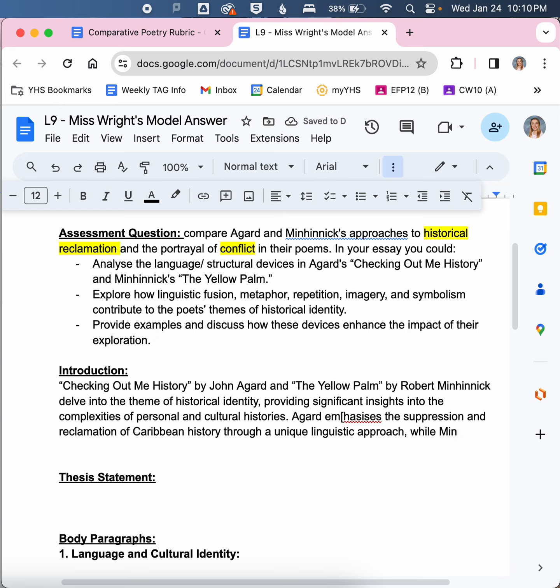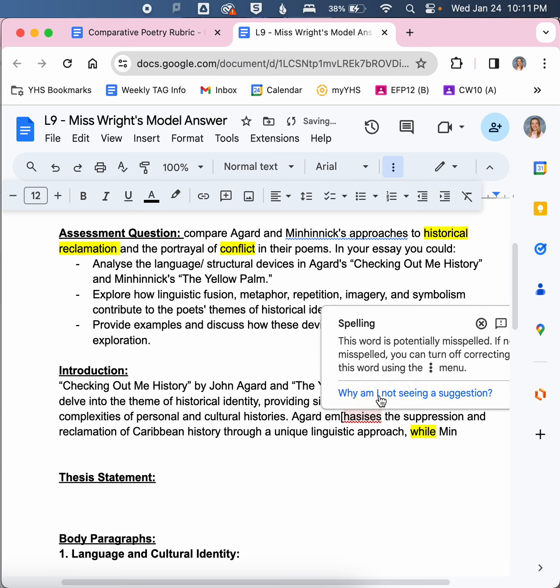Okay, so now I'm using these kind of contrasting transitions. So words like "while" are going to explicitly point to my examiner or my reader that I'm about to compare or contrast. Let's just sort this out.